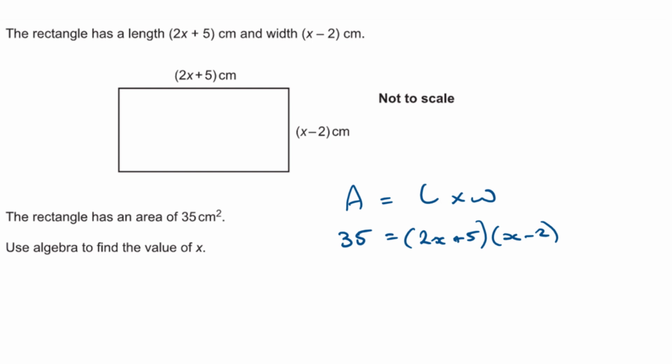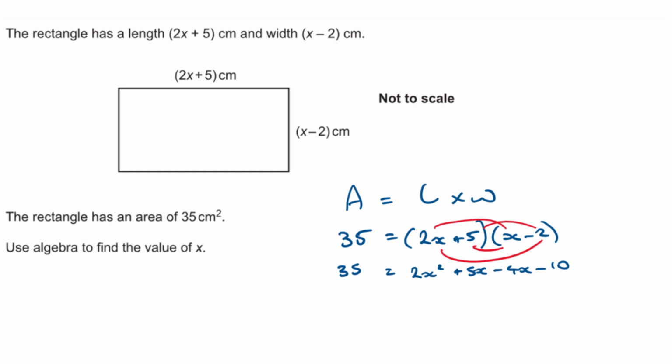Okay, so we've got a quadratic coming on, haven't we? So we've got a pair of double brackets that we're going to need to multiply out. So that times that, that times that, that times that, that times that. So I'm going to get 35 is equal to 2x squared plus 5x minus 4x minus 10. Okay. Then what I'm going to do is collect everything on one side.